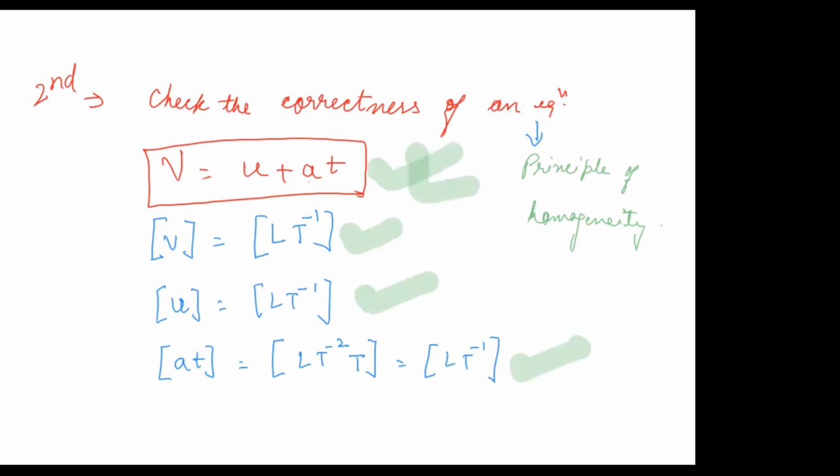Now let us take another example for your concept to be more clear. Let us take the second equation of motion. S equals to UT plus half AT square.